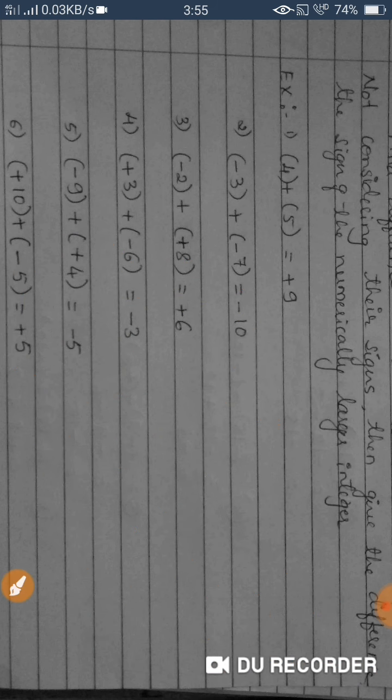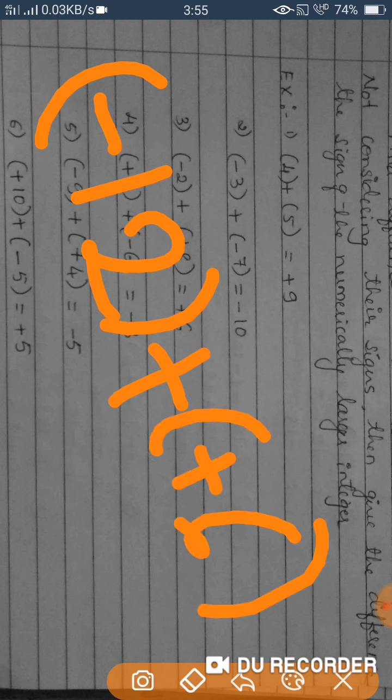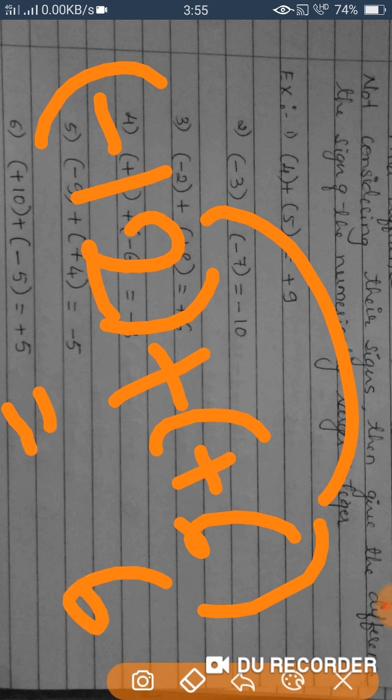So another example, minus 12 plus 6, because we are studying about when the signs are different, not when both signs are the same. So see the answer. What is the first step? We have to take the difference of the numerals. 12 minus 6 is 6, and we have to keep the sign for the 6.